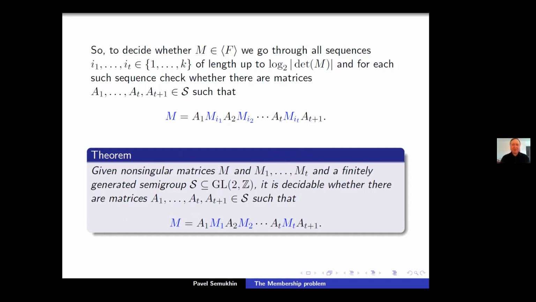Okay, and the proof of this theorem goes by induction on T. In this talk, I will consider only the case when T is equal to 1, because this is the most important case. The rest of the proof just goes by induction.